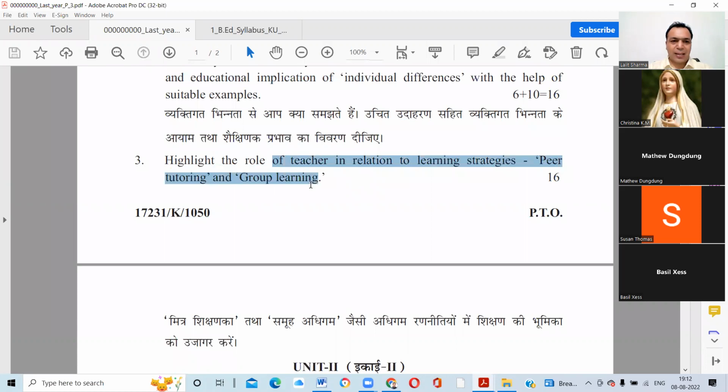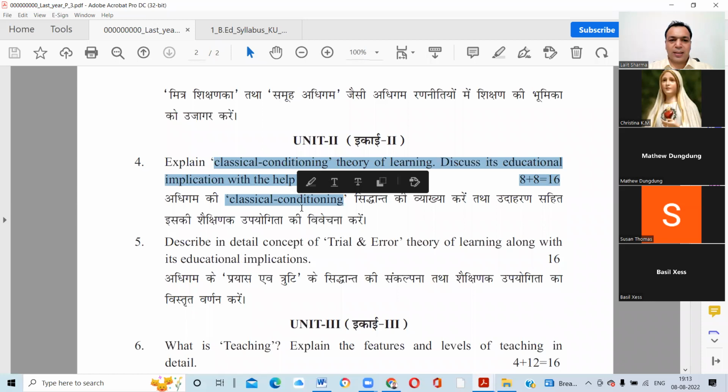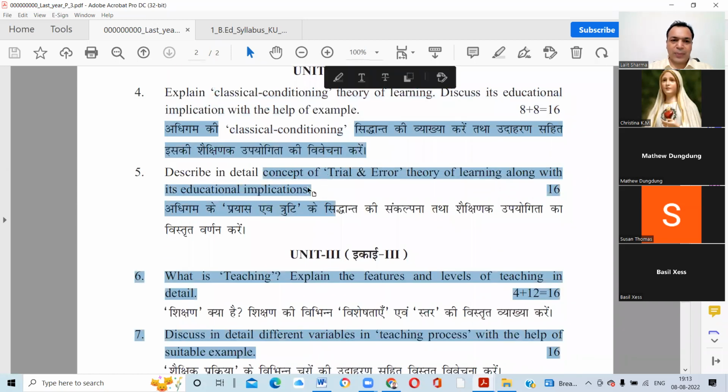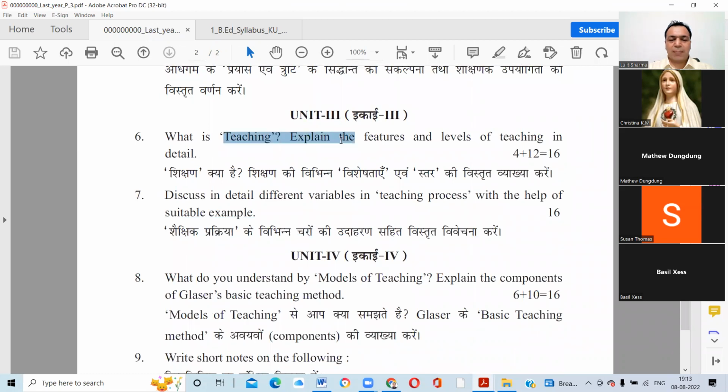Okay, and third is highlight the role of a teacher in relating to the teaching learning strategies. Two learning strategies are given: peer tutoring and group learning. Okay, in unit 2 we have talked about two theories. One is classical conditioning theory, one is trial and error theory. Okay, and in unit 3 we talked about what is teaching, explain the features and levels of teaching.